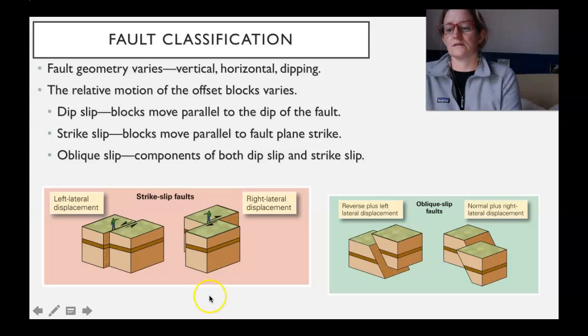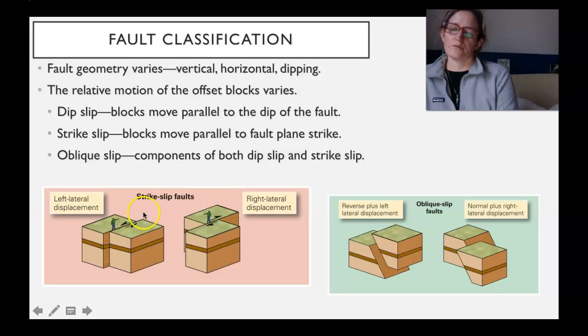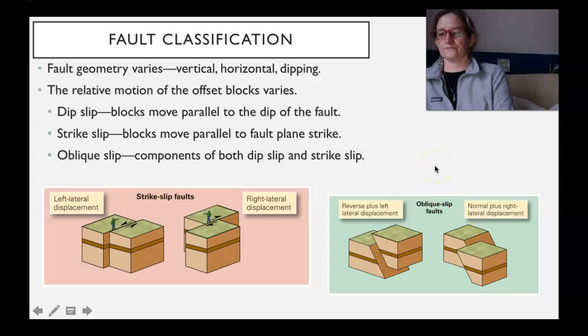That just means the movement is along this dipping surface. The strike slip faults are faults that are going to be along strike, and that is just the horizontal plane within the hanging wall and the footwall. Oblique faults are going to be those that have both components, like a vertical and a horizontal movement associated with them.